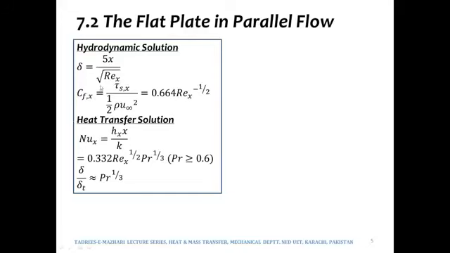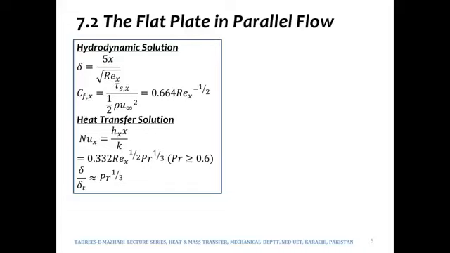So as we had seen in the previous chapter, number 6, Introduction to Convection, while solving the functional forms of the solution towards the end, the parameters that were related to the hydrodynamic solution were the coefficient of friction related to velocity, and the one related to heat transfer was the Nusselt number.